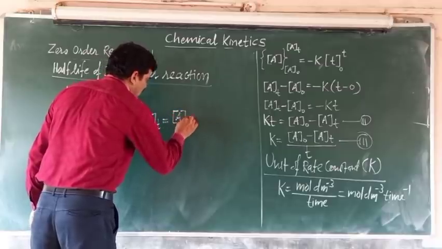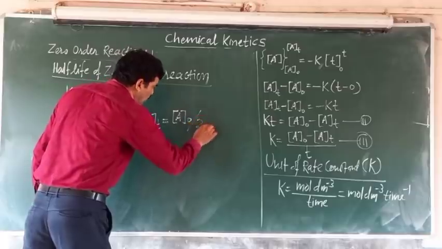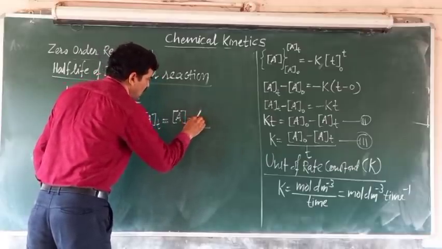The initial concentration is A0, so the value of At will become A0 by 2.